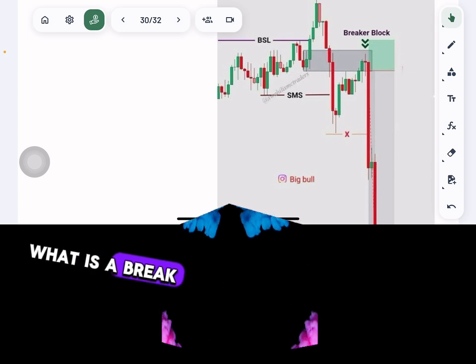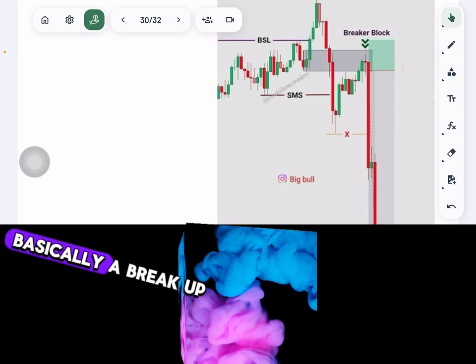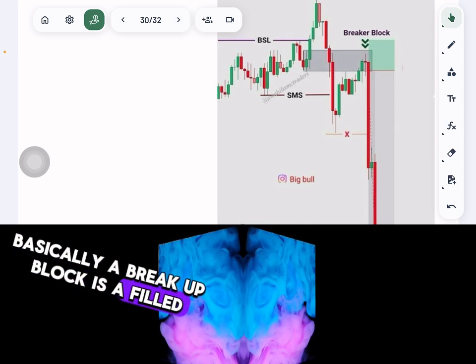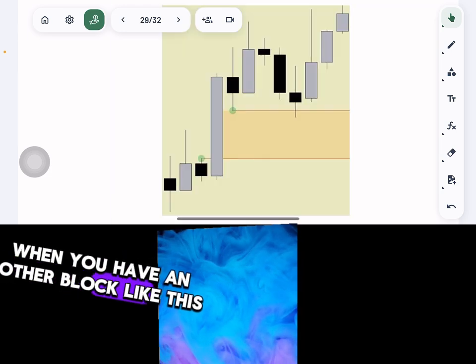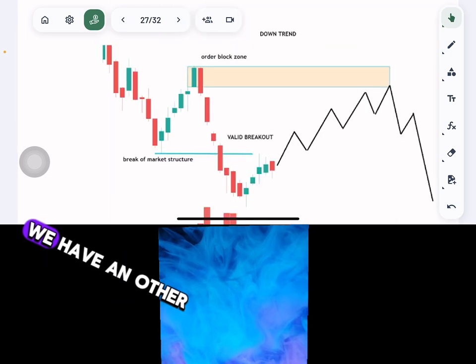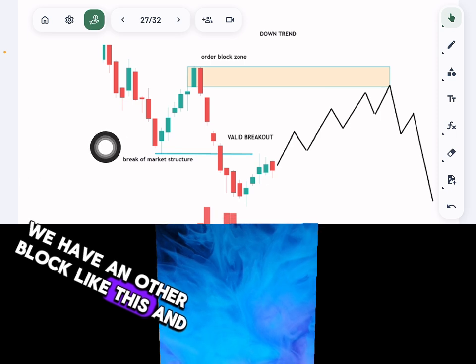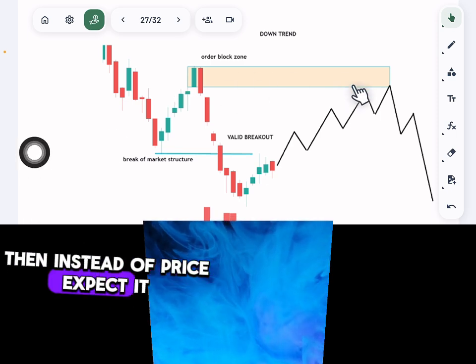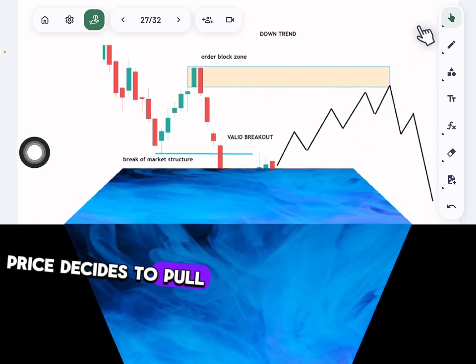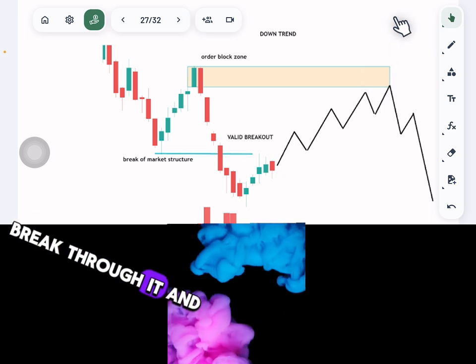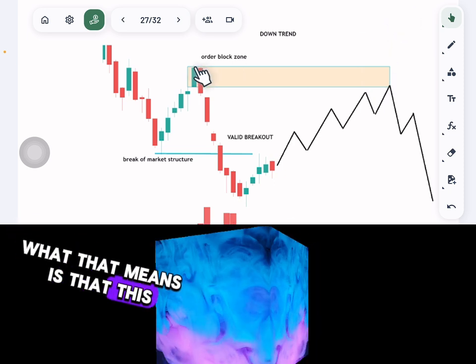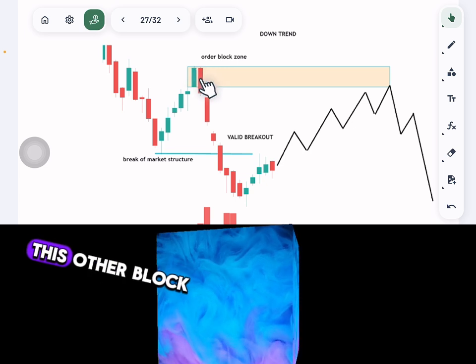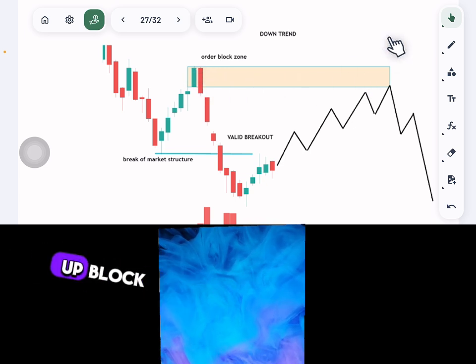Now let's go to the next one, breaker block. So what is a breaker block? Basically, a breaker block is a failed order block. When you have an order block like this, and then instead of price respecting it, price decides to pull away from it, break through it and go up, that order block becomes a breaker block.